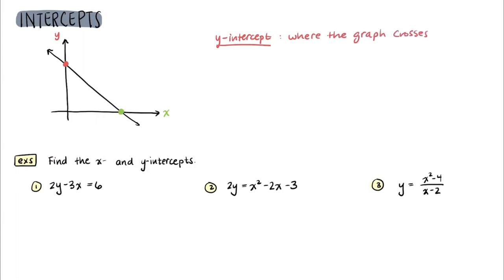But again, we're going to look at now how to find it algebraically. Okay, so the y-intercept is where the graph crosses the y-axis. Similarly, the x-intercept, right? This is, of course, where the graph crosses the x-axis.